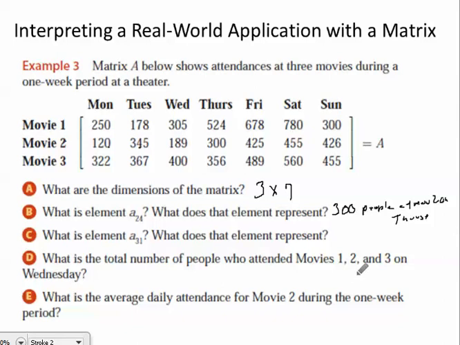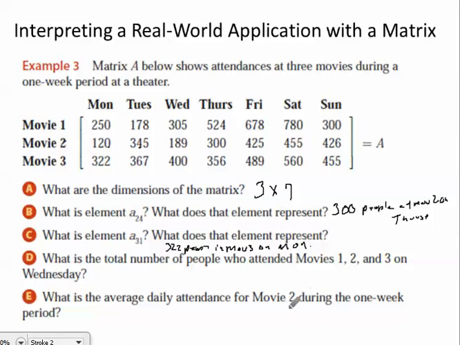Okay? So what about 3-1? Well, 3-1, I go down to movie 3 and it's over 1 column. It'd be Monday. That'd be the number of people, or 322 people, in movie 3 on Monday.